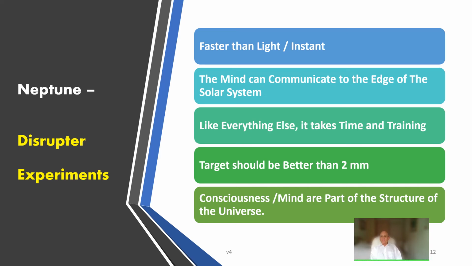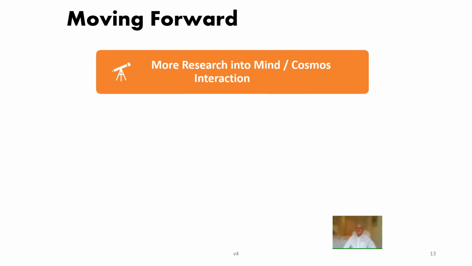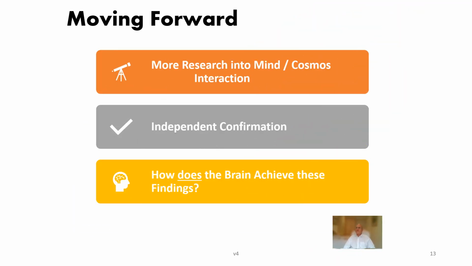Once again, the Neptune experiments are sound scientific evidence that consciousness and the mind are part of the structure of the universe. So, more research is needed into how and why the mind interacts with the cosmos.